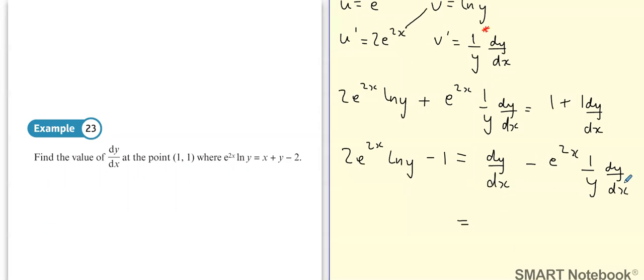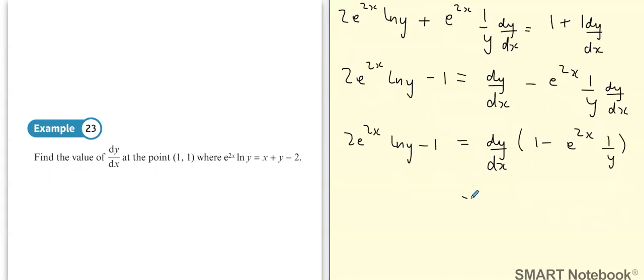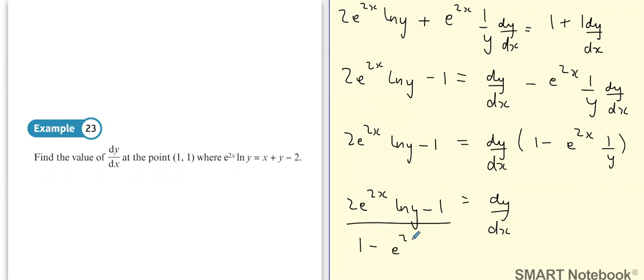So what I can do now is factorize dy by dx and get 1 minus e to the 2x 1 over y, and the left-hand side has stayed the same. And so to make dy by dx the subject, all I need to do is divide through by the bracket on the right-hand side.